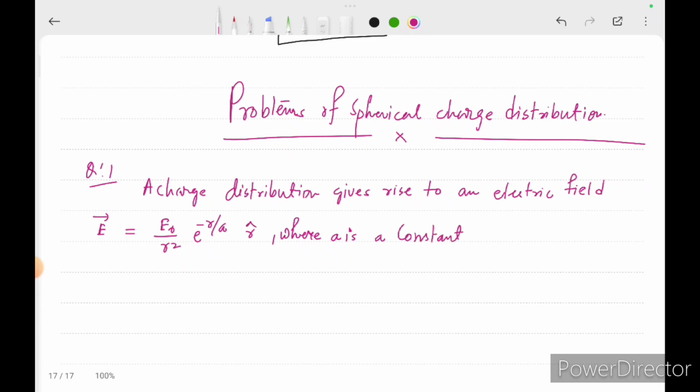So determine the total charge in the distribution.